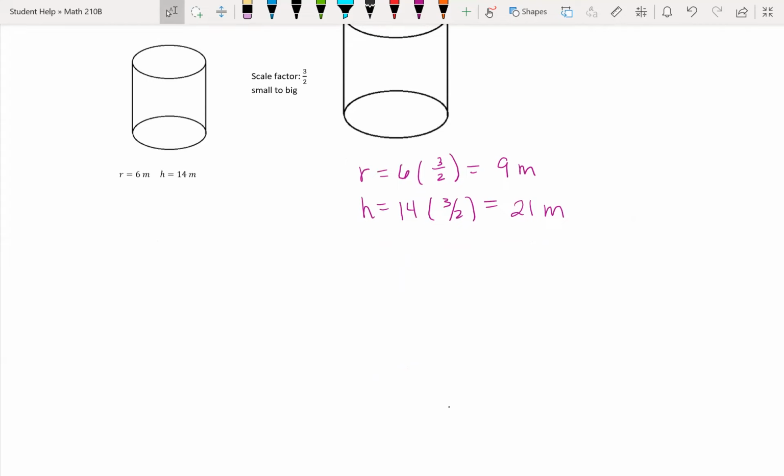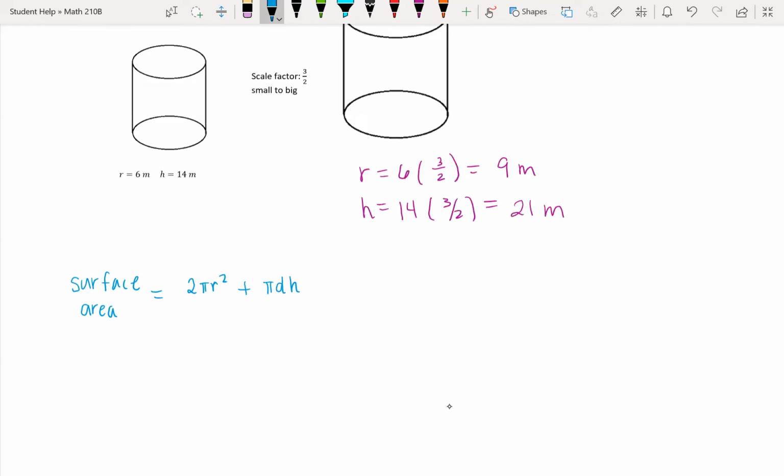What I'm going to do is first figure out the surface area of the one on the left, and then I'll do the volume. So what is the surface area? I have two bases, so 2 times pi r squared, that'll give me the top and the bottom. And then I have all of the sides, which is the circumference, pi times diameter multiplied by the height.